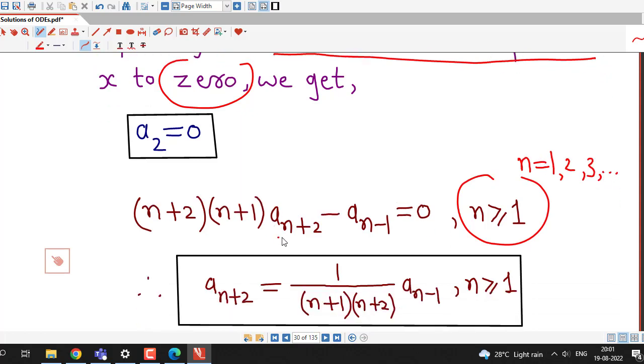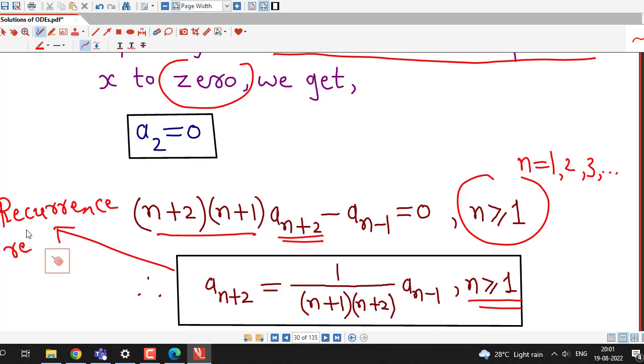And from this I find that a_{n+2} equal to 1 over (n+1)(n+2) into a_{n-1}, n equal to 1, 2, 3 and so on. So this is the recurrence relation, and this is very important. Using this recurrence relation we will be able to decide all these coefficients an.